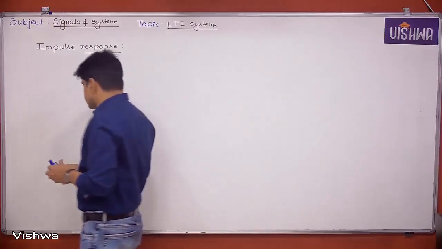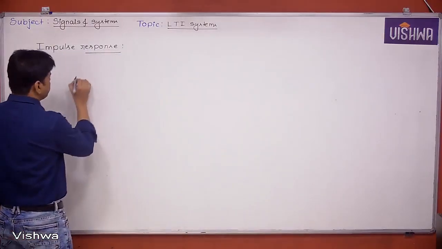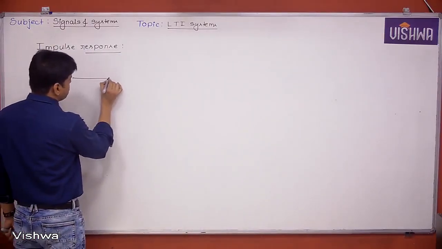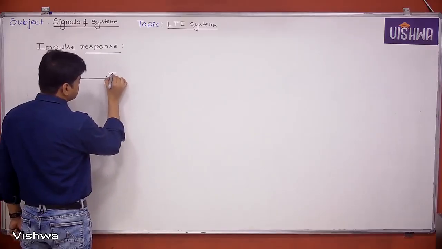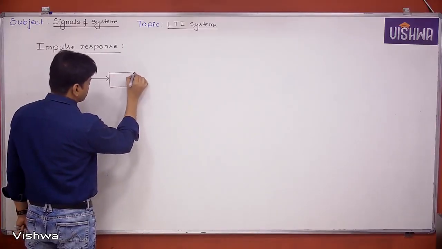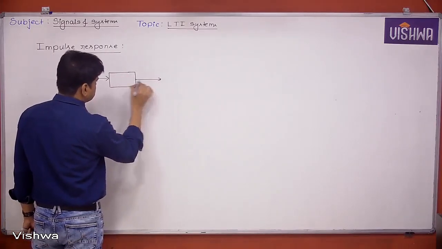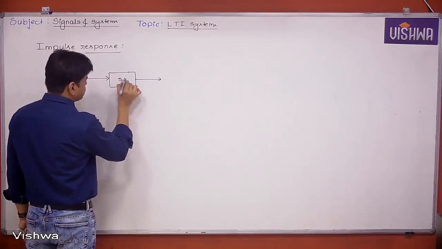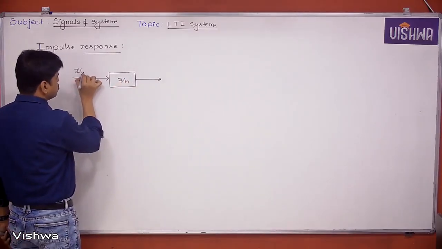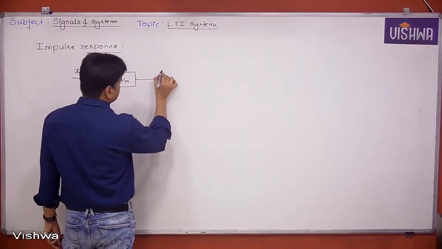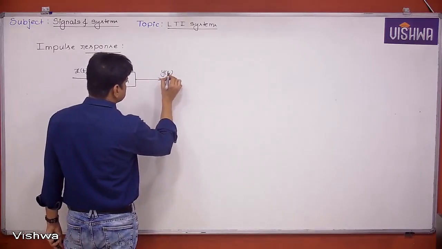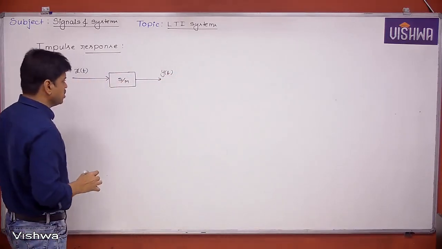Let's say, in a continuous time system, x of t is the input and y of t is the output.